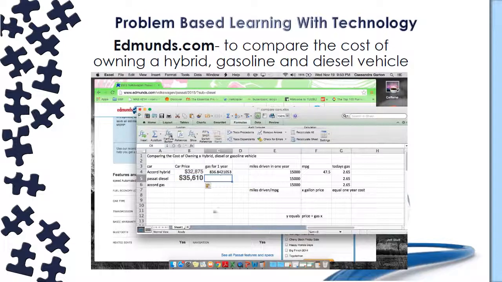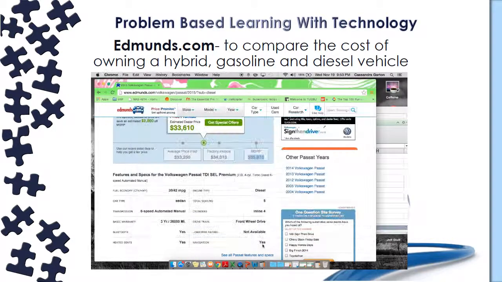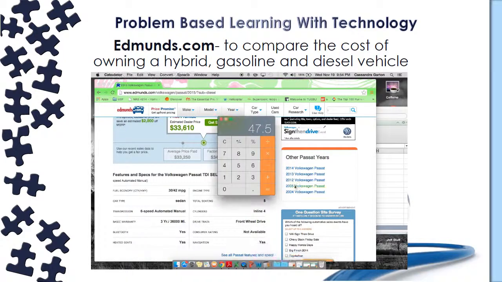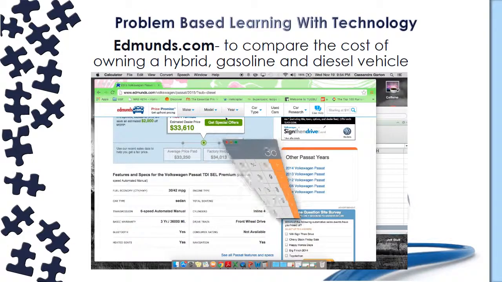Then I can go find the miles per gallon. I'm going to get the average between 30 and 42. Again, I can do this with paper and pencil, or I can use a calculator and simply add 30 plus 42, which is 72, and divide that by 2, and I have 36.